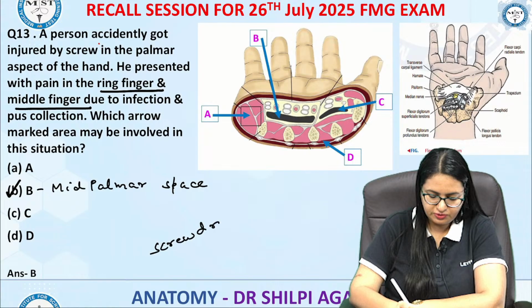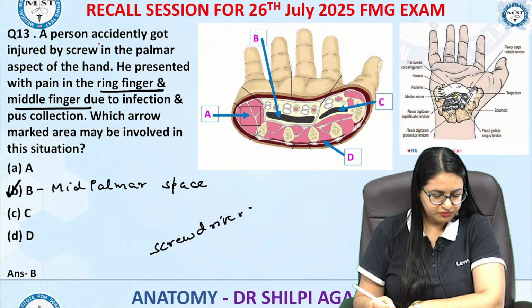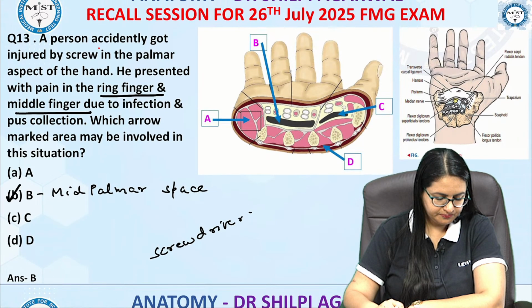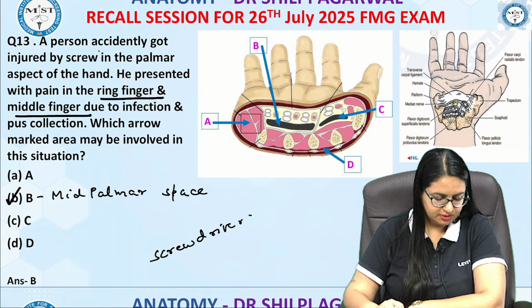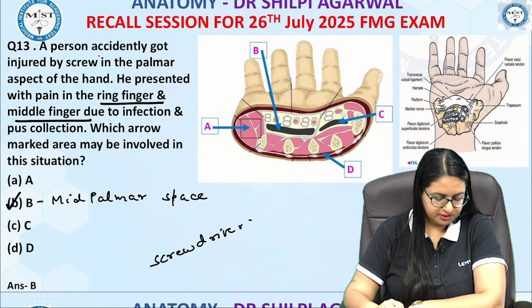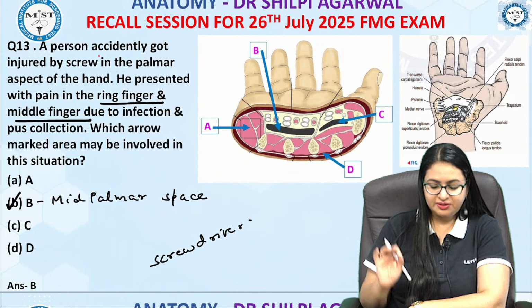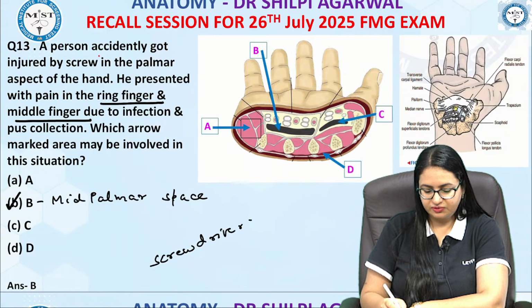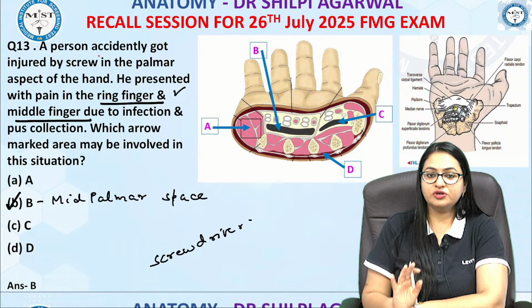Injury with a screwdriver. Present with pus, flexion of these two fingers was mentioned, not able to extend. And the marking got injured. Even if the language is slightly different, the keyword here is that these two fingers were affected.